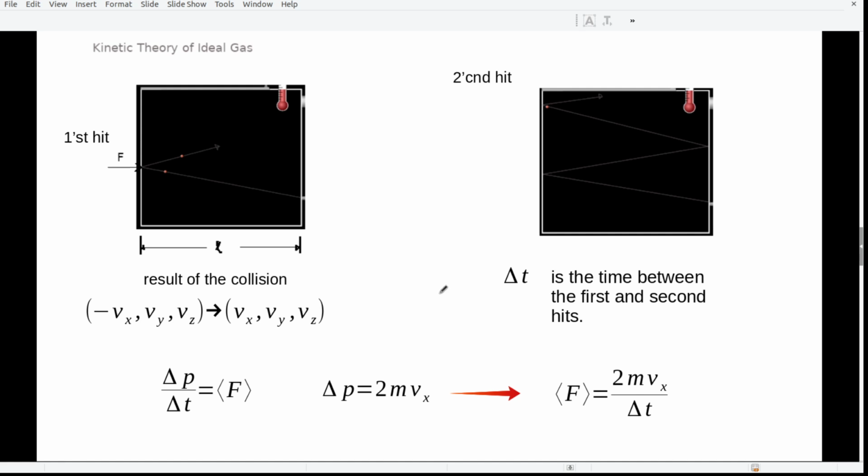So now we just have to figure out what that is. Ultimately, we're trying to show that the temperature is proportional to the average 1/2 mv squared. So here we've got an mv right there.